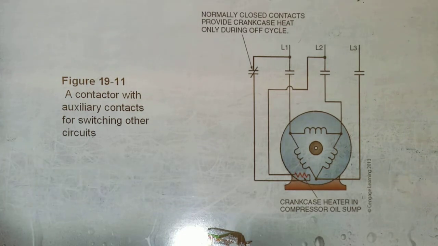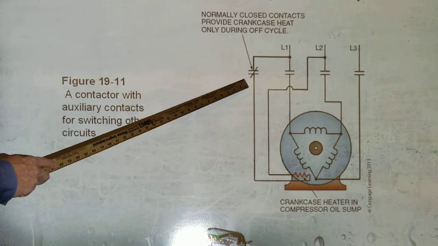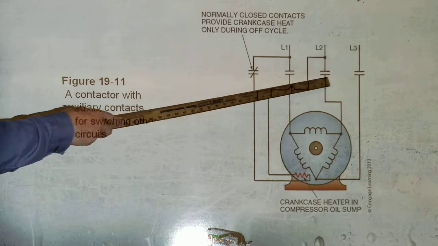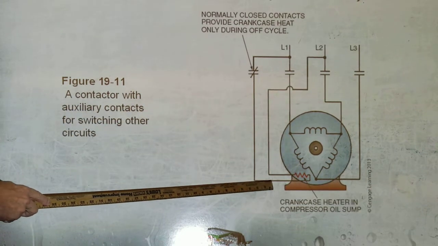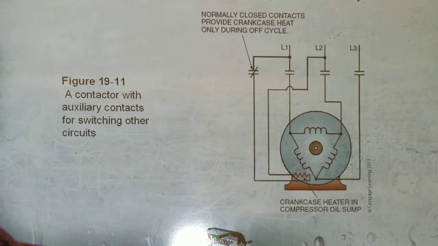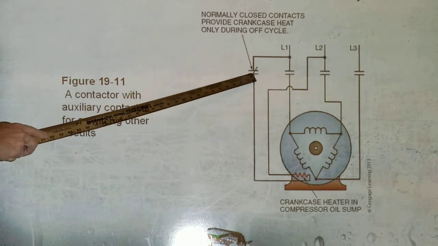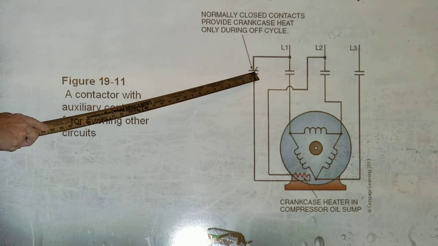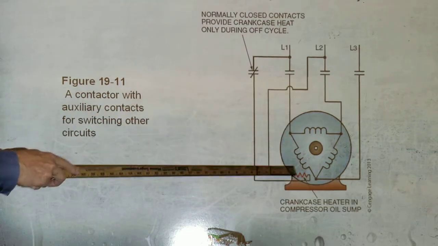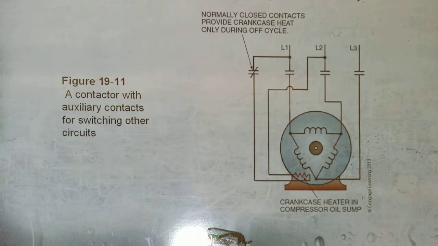You can do whatever you want with it. In this case, it's normally closed. So when the unit is off, the contacts are closed, energizing the crankcase heater. When the unit turns on, this opens. So that's another way to turn the crankcase heater on and off as needed.